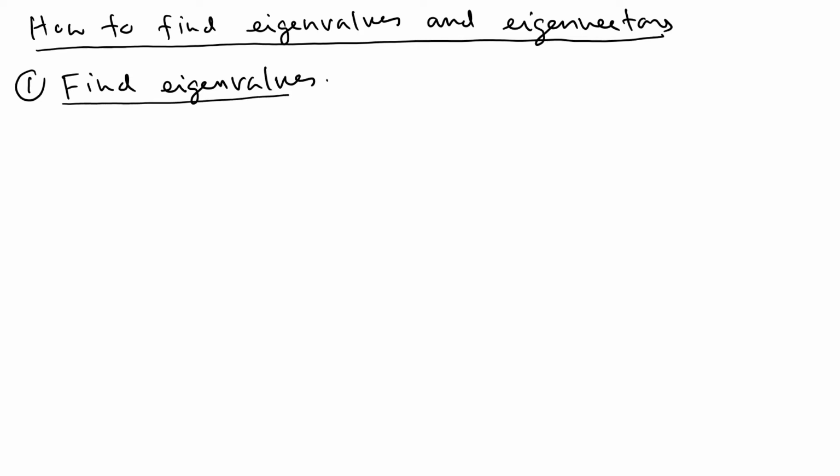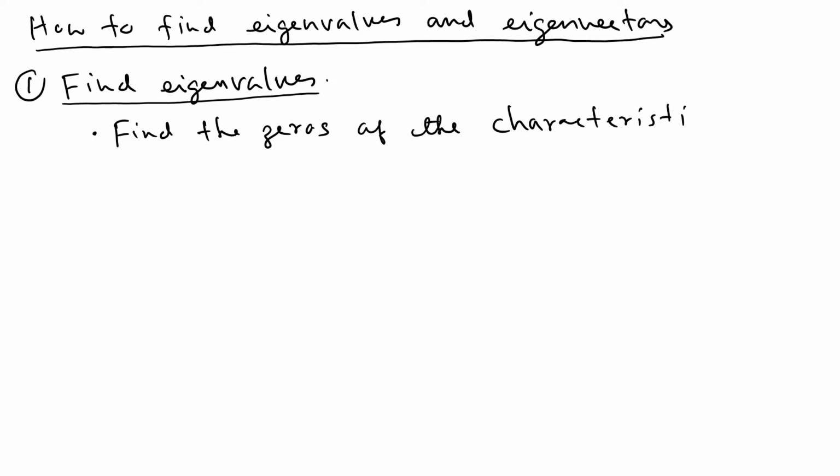To find eigenvalues, we solve the characteristic equation, that is, find the zeros of the characteristic equation. What is that?